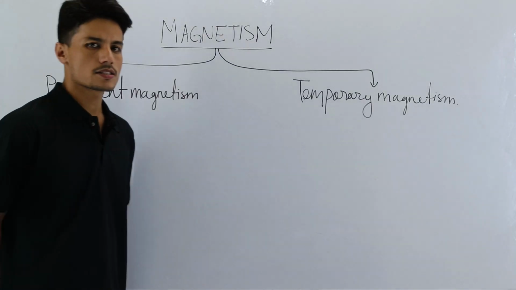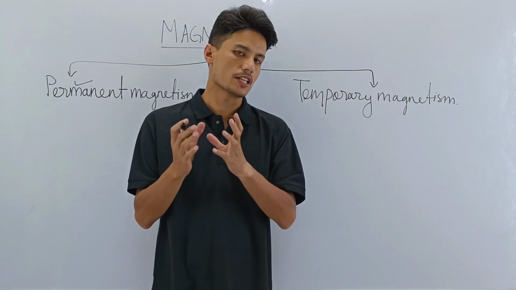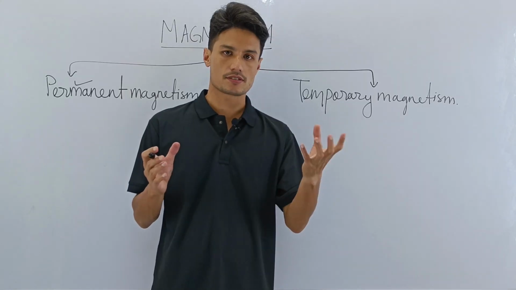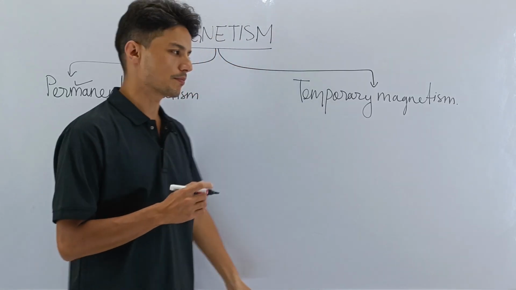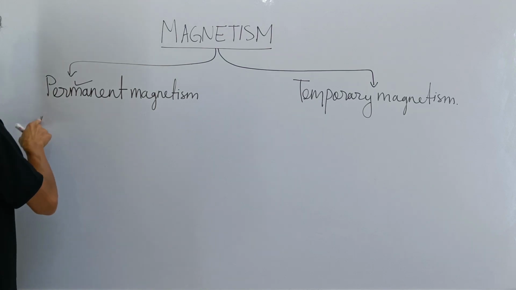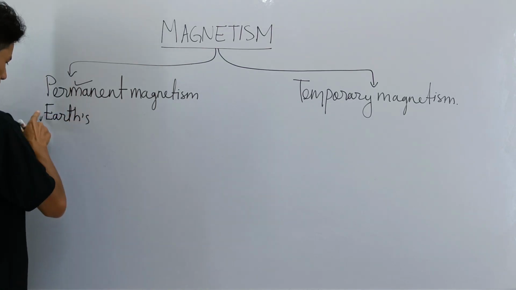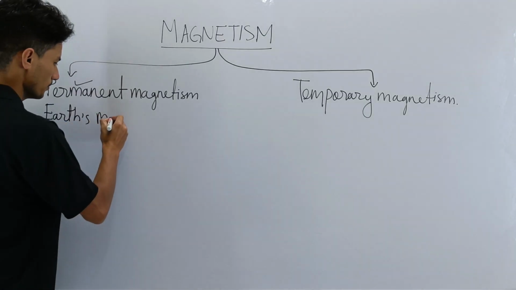Permanent magnetism means magnetism which does not change, which remains fixed throughout time. For example, we have the Earth's magnetism.